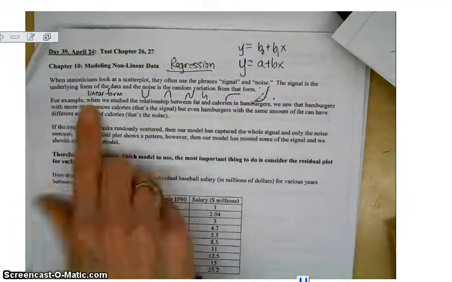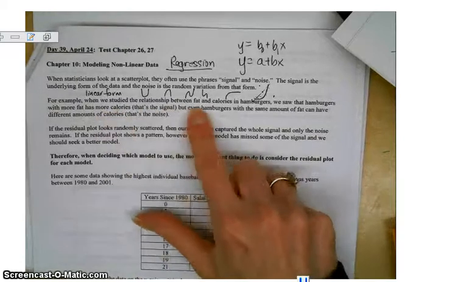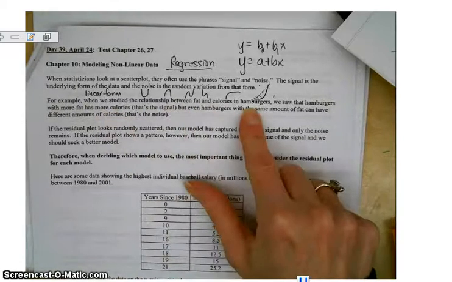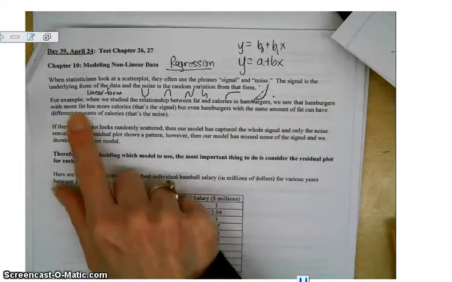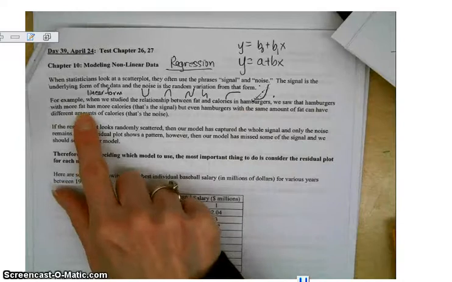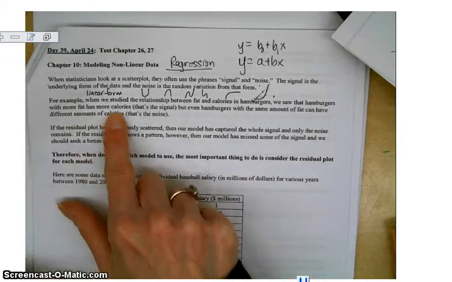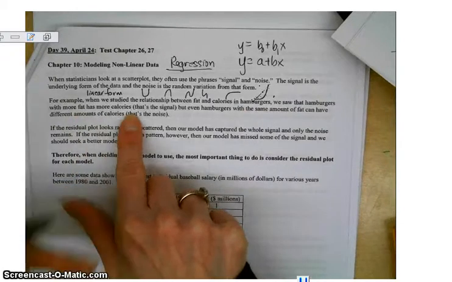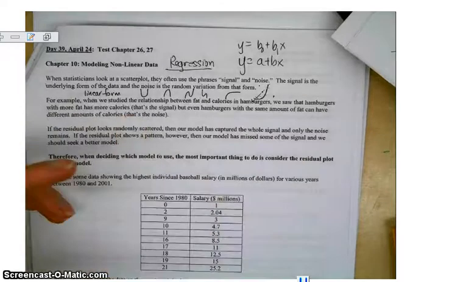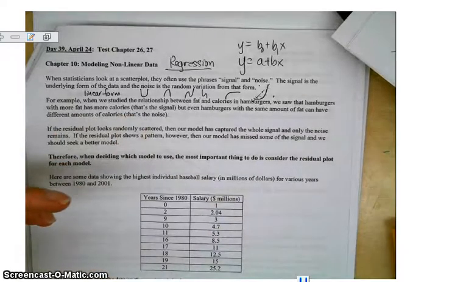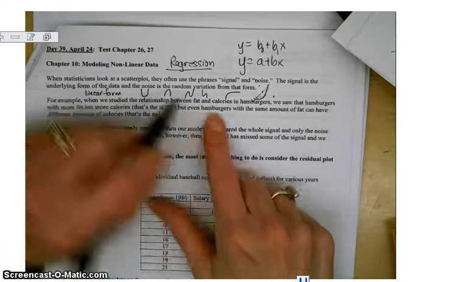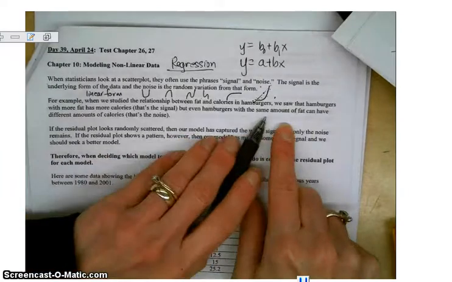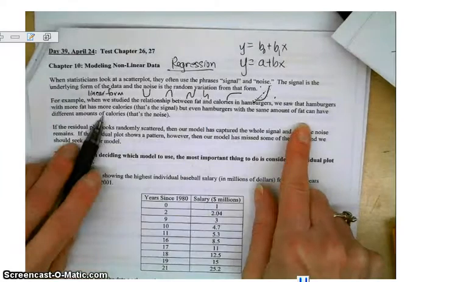So, for example, when we studied the relationship between fat and calories in hamburgers, we saw that hamburgers with more fat have more calories. That's the signal. The more fat you have, the more calories you have. Fat goes up, calories go up. But even hamburgers with the same amount of fat can have different amounts of calories.